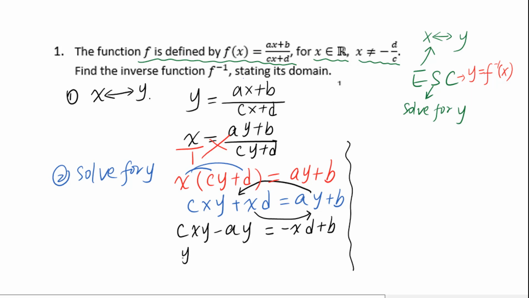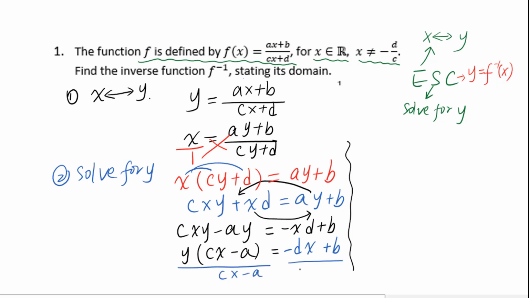Then we will take the common factor for y. You will get y times (cx minus a) equals negative dx plus b. Then we divide both sides by cx minus a.